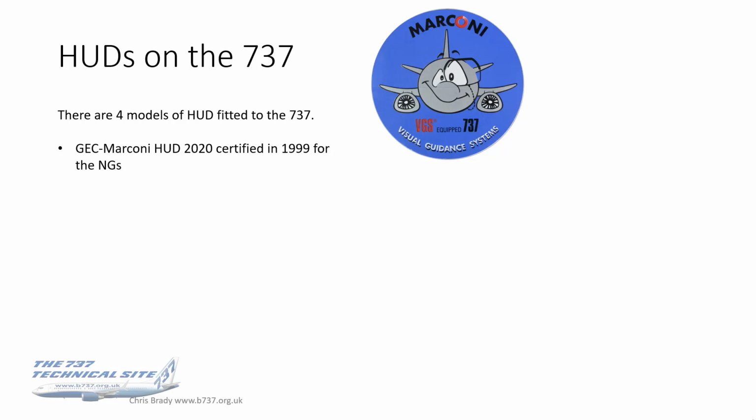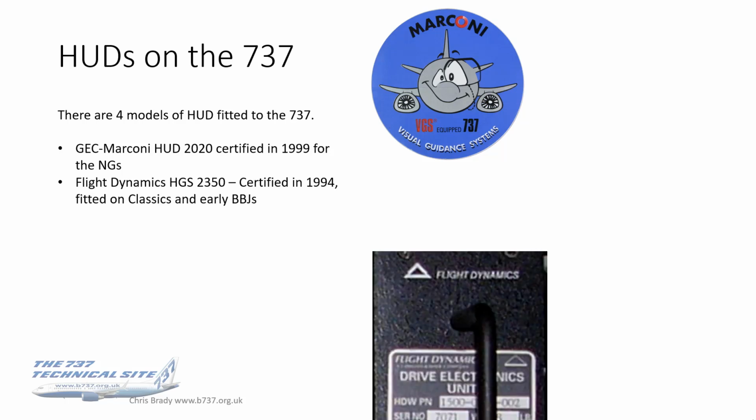So this was never for the Classics or indeed the Max. Flight Dynamics, now they were the people that really dominate the 737 HUD market. They started with the HGS 2350. This was certified in 1994 with Morris Air on the previous slide. This was fitted on Classics and early BBJs.